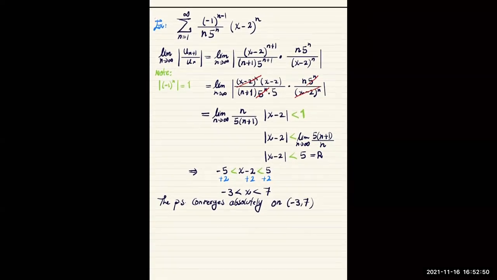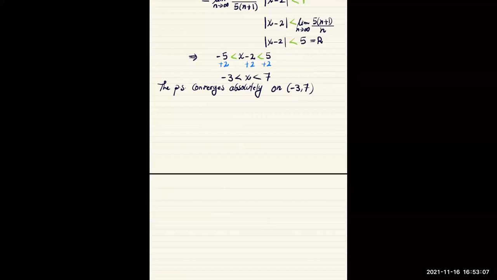What are the endpoints? The endpoints are -3 and 7. The ratio test when x is -3 or 7 turns out to be inconclusive. So we have to treat the endpoints separately. A lot of people miss this part on the test. I don't know why, but this is checking endpoints.